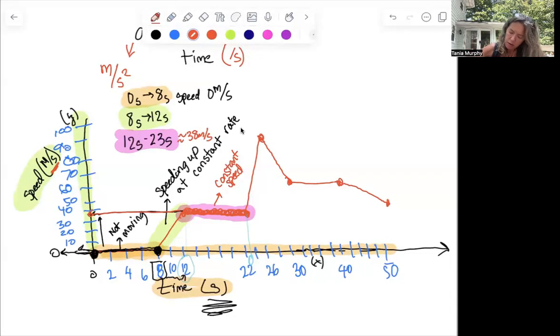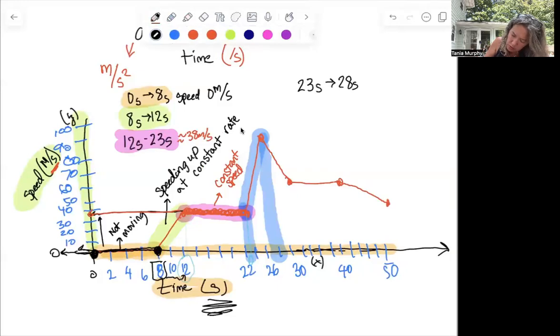Now we have another line on our graph. I'll put it in blue. We're going from here to here. That is about 23 seconds to 28 seconds, and that's what we see in the blue line of our graph.